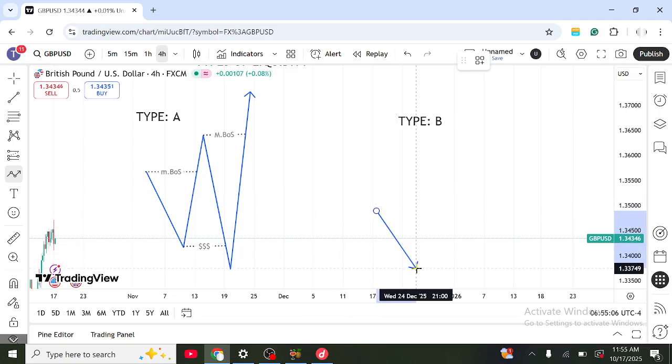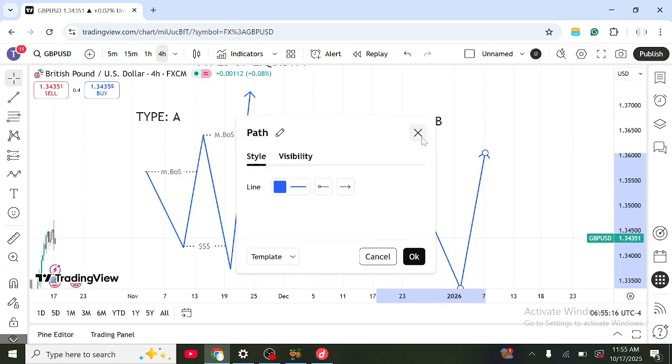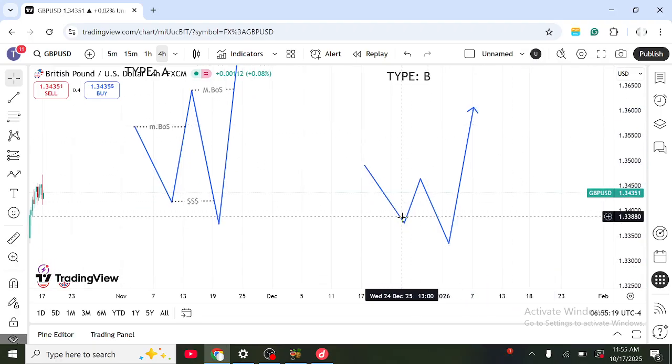So price drops to the downside, pushes up, drops to the downside, and then breaks structure. Okay, so let me adjust this.